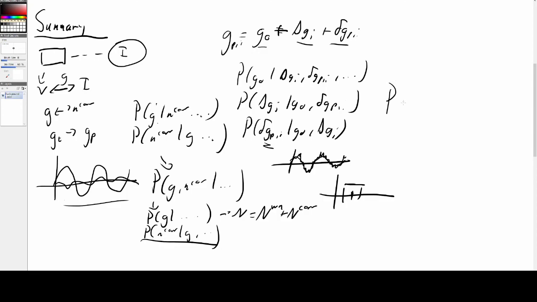The second way of smoothing that we looked at was to, instead of just looking at the likelihood, also include a prior for the fluctuations, and that prior for us was in the form of a normal distribution with a covariance matrix.